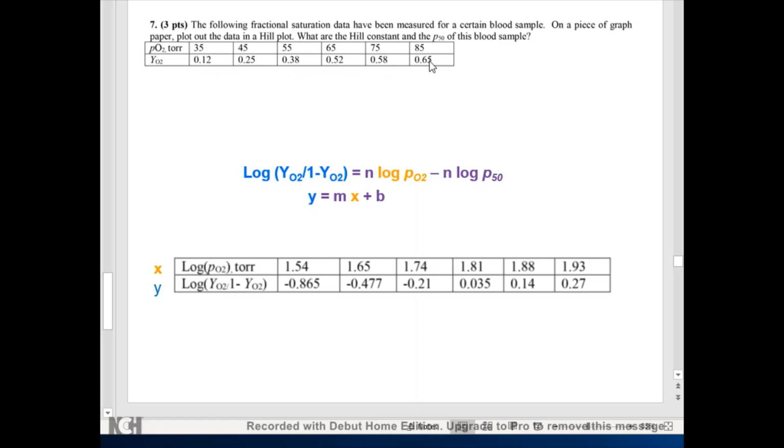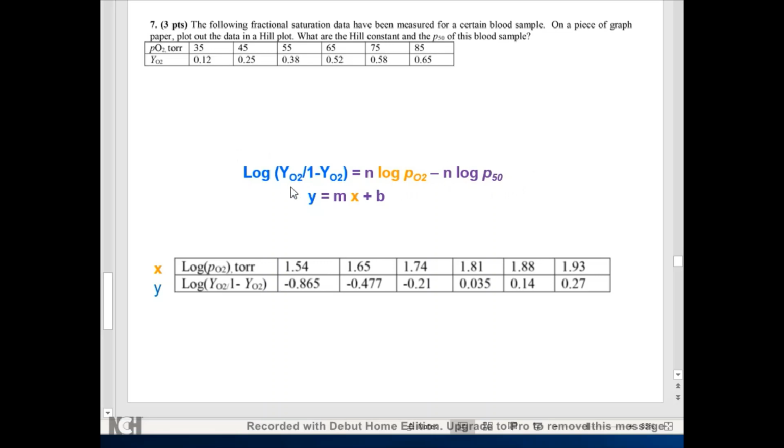So now, in order to solve this problem, you have to use the Hill plot equation, in which the logarithm of y over 1 minus y, where y is fractional saturation, equals n times logarithm pO2 minus n times logarithm P50, right?